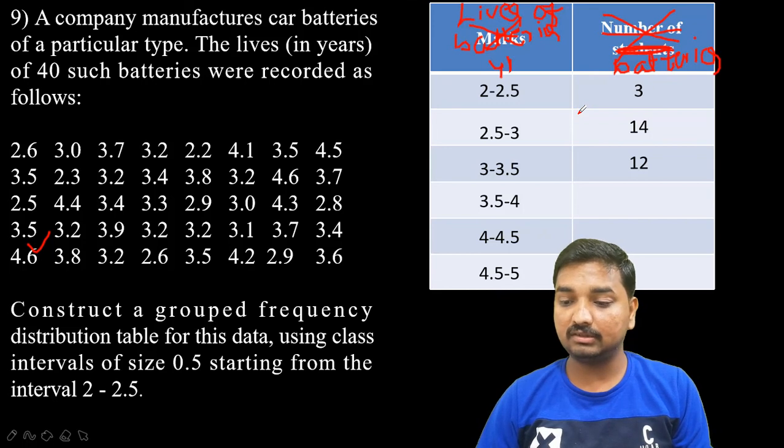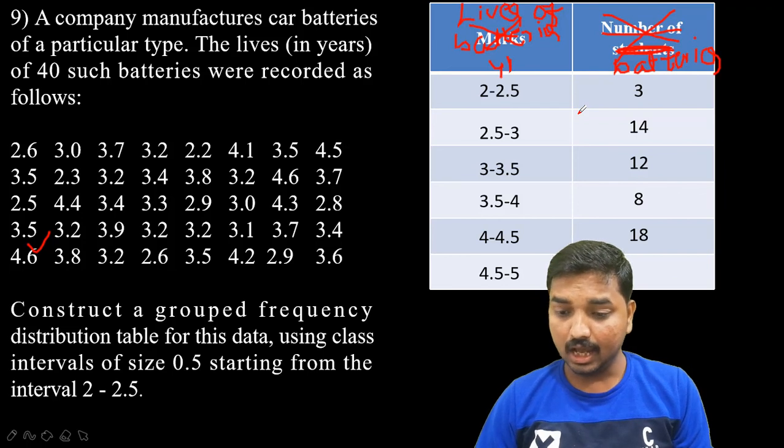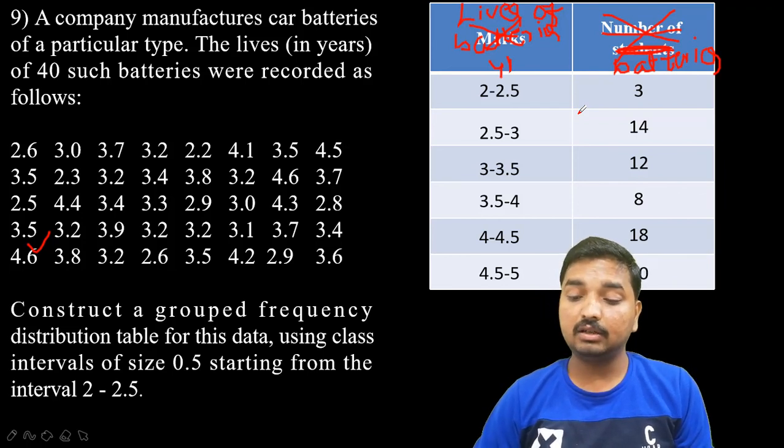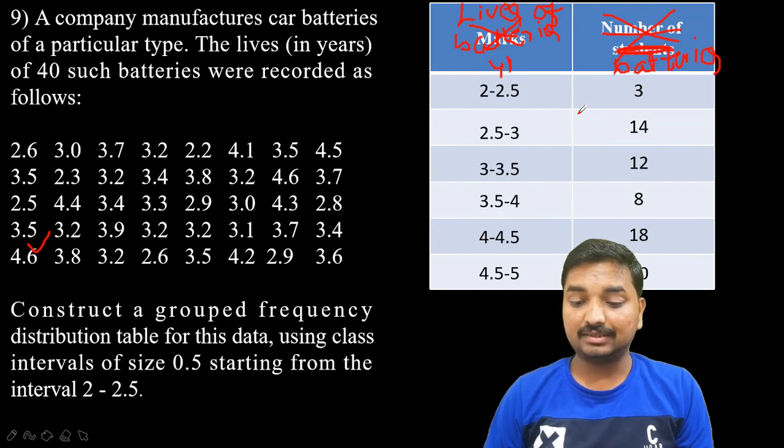For 3.5 to 4, 8 observations. For 4 to 4.5, it's 18, and for 4.5 to 5, 10 observations fall in this class interval.